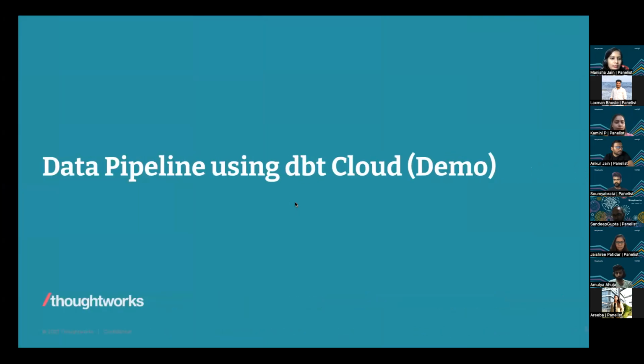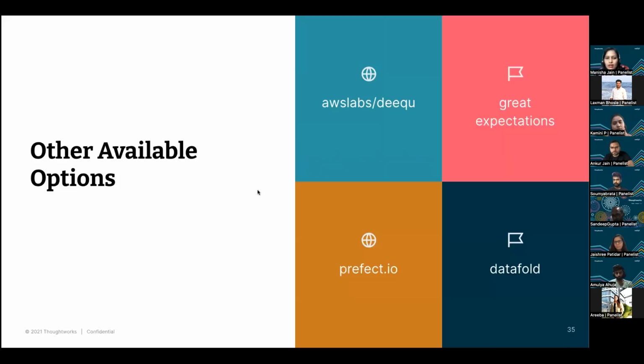There are other options when we talk about how we do data testing, and these are other libraries that you can explore. AWS DQ, Great Expectations, Prefect.io is an end-to-end workflow, plus it enables you to write Python-based testing. Datafold allows you to compare data sets and write tests. If you want to build a solid data transformation setup with testing, CI, documentation, lineage, all in place, dbt fits perfectly there.